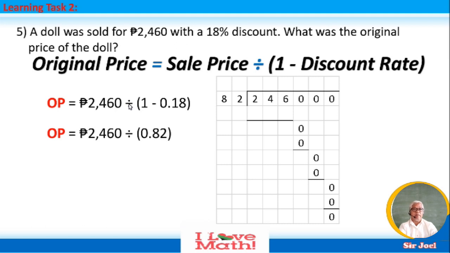In this case, i-move na ng sir yung decimal point 2 places to the right doon sa 0.82. Kaya instead of 2,460 divided by 0.82, naging 246,000 divided by 82. At syempre pa, eto na yung inyong magiging kasagutan. Wala kayong i-move dahil wala namang decimal point involved. So, kayang-kaya nyo itong gawin. Okay?